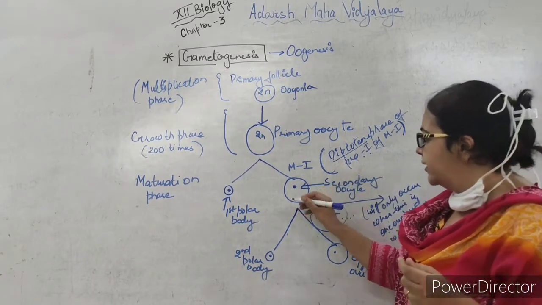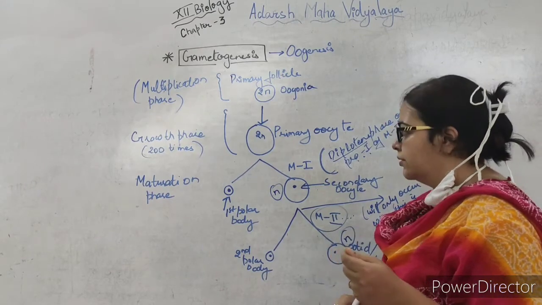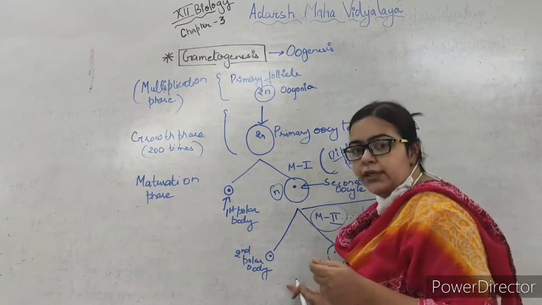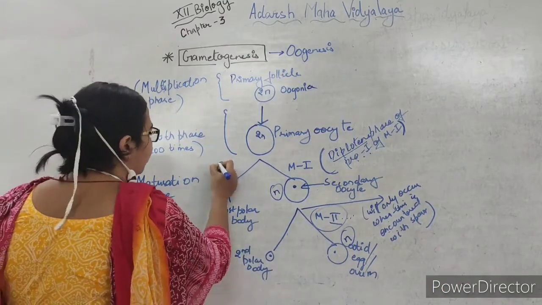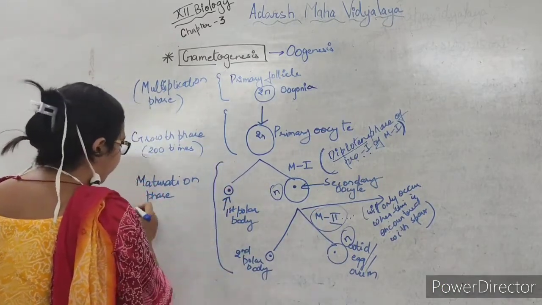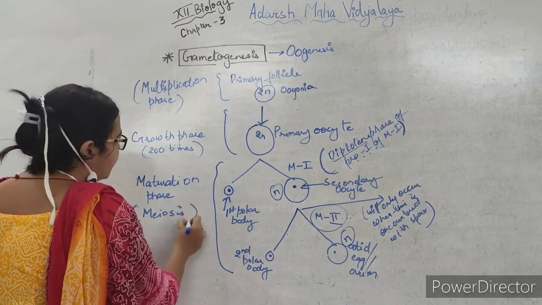When we talk about ploidy, this will be haploid and this will also be haploid, and when the sperm encounters it, it will become diploid. From here to here is the maturation phase, where meiosis, the reduction division, occurs.